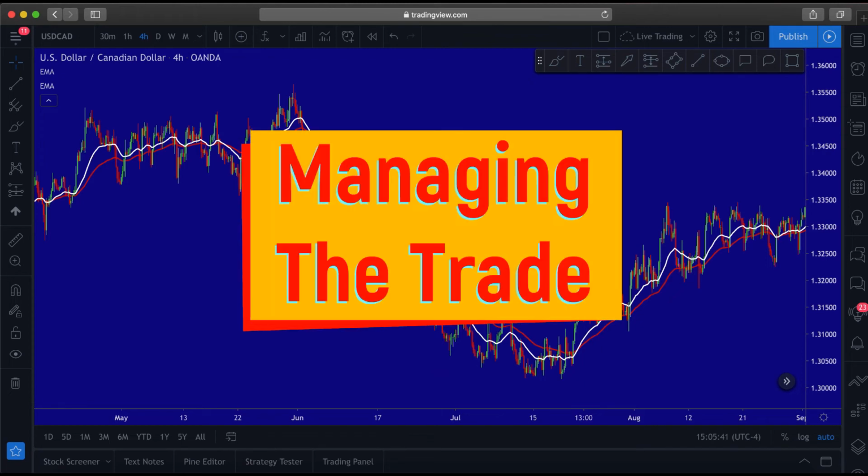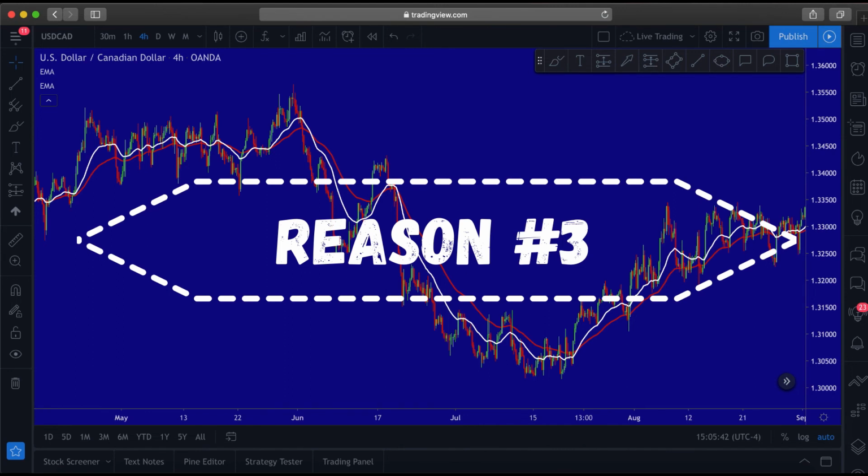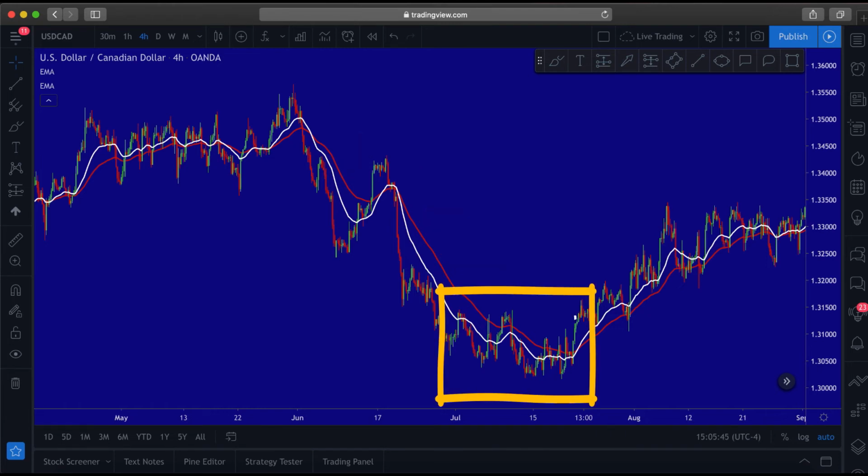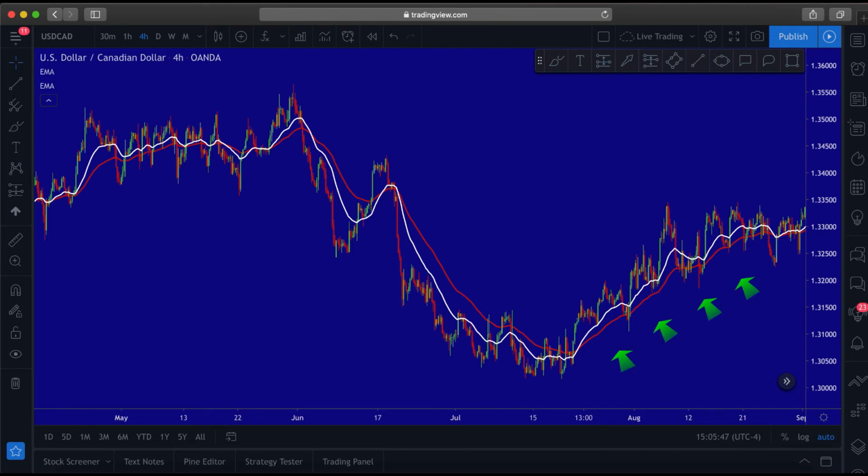Now to cover managing the trade, this is going to lead us to reason number three. Notice how price was in a downward motion and it was respecting the 26 and 55 exponential moving average. Then the market provided us a reset where price action broke above the exponential moving averages and then was respecting the 26 and 55 EMA.